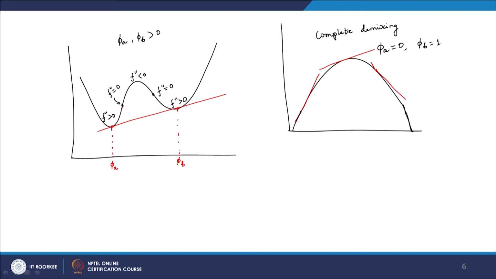So, if I look at these two particular points, and let me call them phi A star and phi B star, then if I am in between phi A star and phi B star, then in that case f double prime is less than 0, and then we always have a phase separation. But what happens when we are in the other two regimes? Let me highlight here.